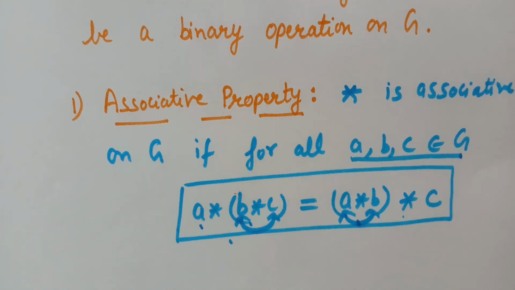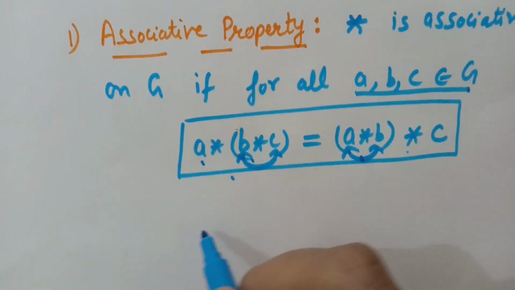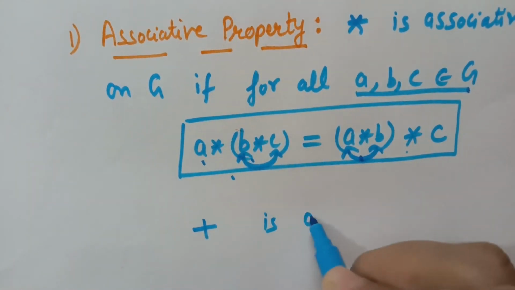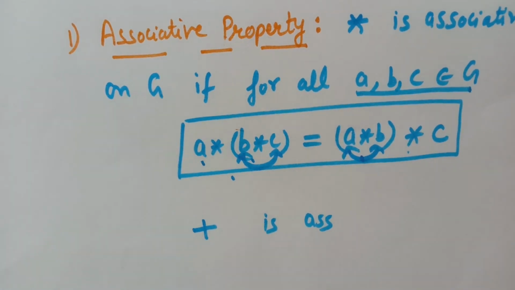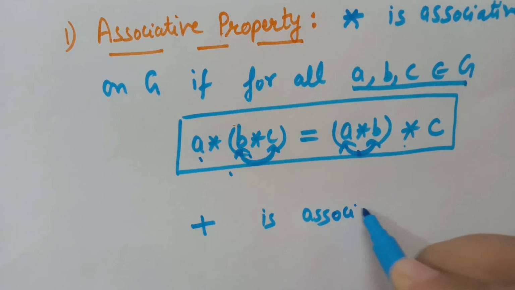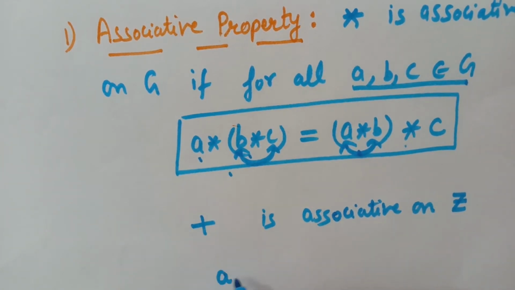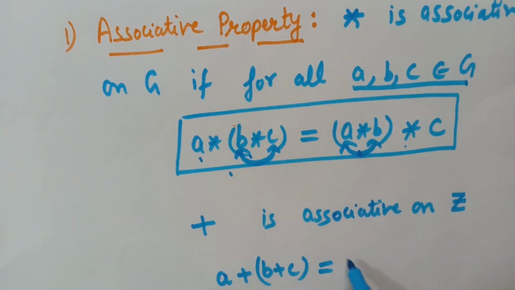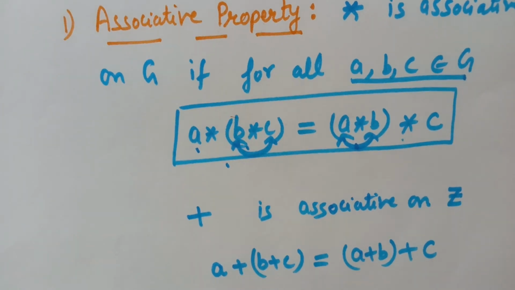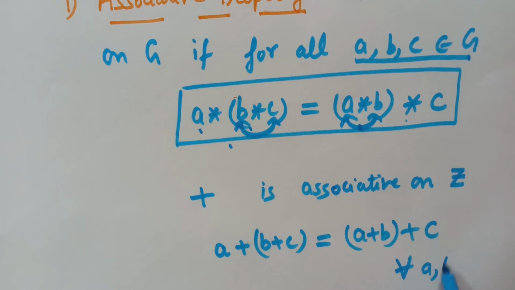For example, addition is associative on the set of integers, because if we take the sum of three integers in either of the two ways, the sum will always be the same for all A, B, C belonging to the set of integers.